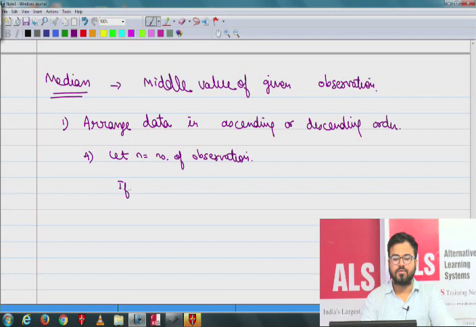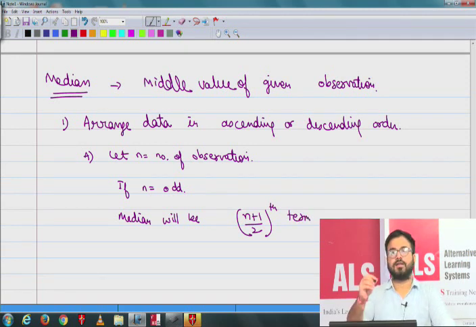If n is odd, the number of observations is odd, like let's say 3, 5, 7, 9, something like this, then the median will be the n plus 1 by 2th term. Whatever term is at the n plus 1 by 2th place, that will be the median, either the 5th term, 6th term, 7th term, whatever it is.